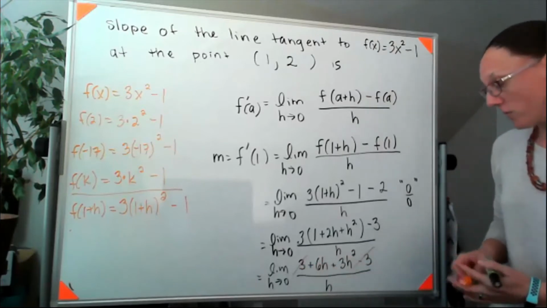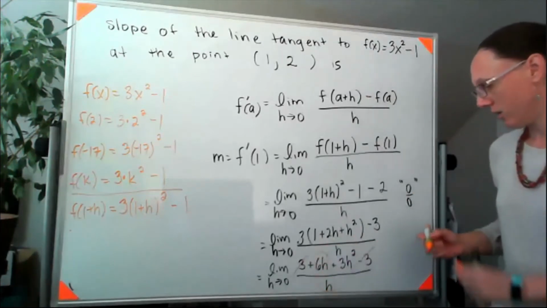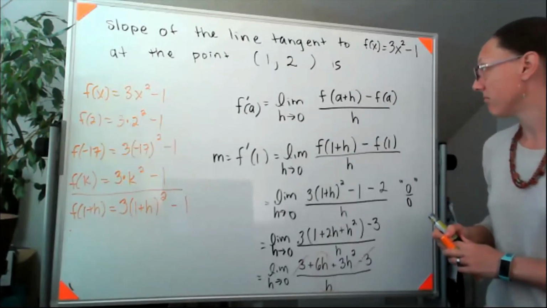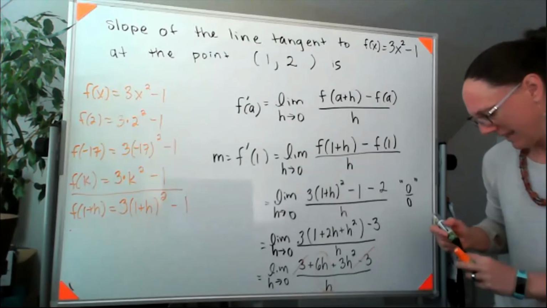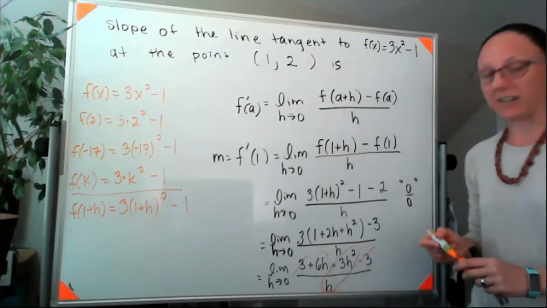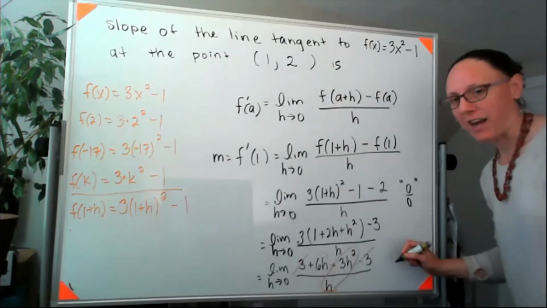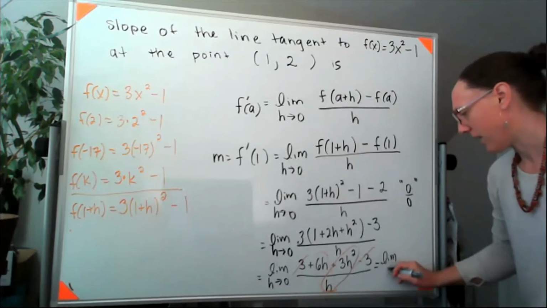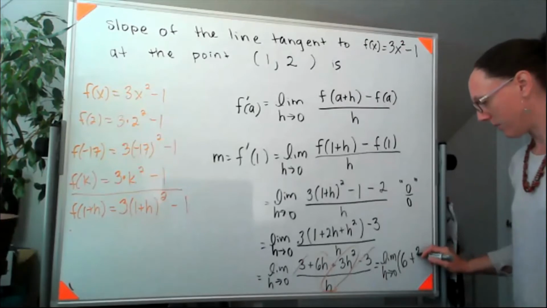So if I write it as 2 separate fractions, then I'd have 6h over h, which would become 6, and I would have 3h squared over h, which means one of those h's would cancel out. And I've got just enough space to squeeze this into the corner. So I'd have the limit as h approaches 0, and this would become 6 plus 3h.